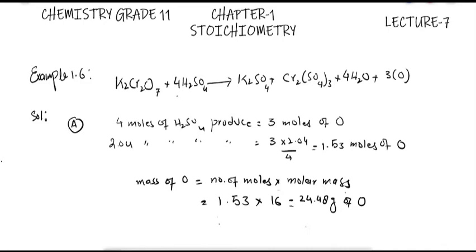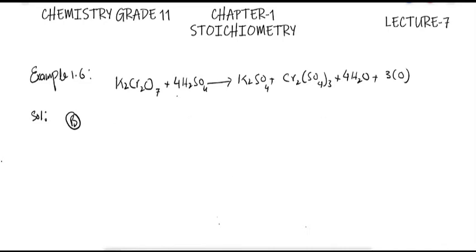Now, let's come to part B. Part B states that you have to calculate the mass of the reactant left unreacted. So you already know that the excess reactant is the reactant that is left behind. Some of the amount of the excess reactant is left behind after the reaction is complete.